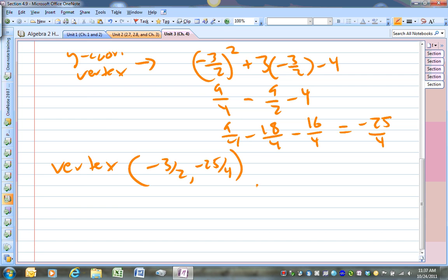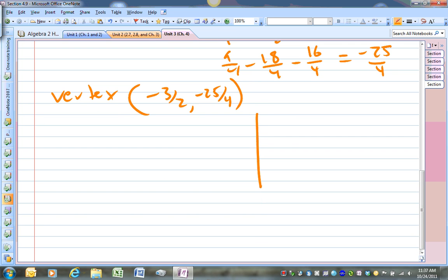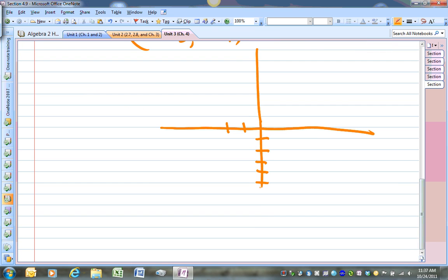So we graph it, which will be located right here. Make a quick table. Say I plug in negative 1 and negative 2.